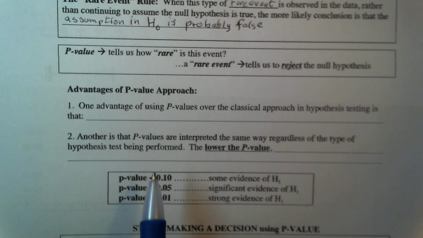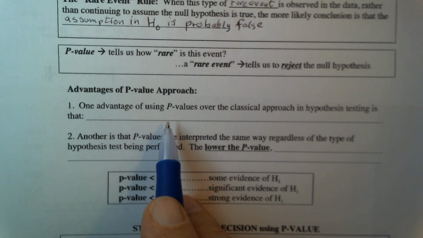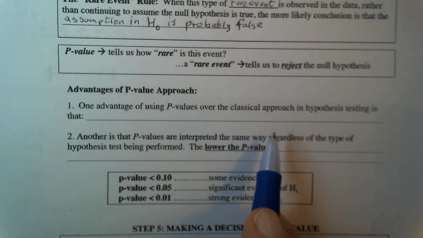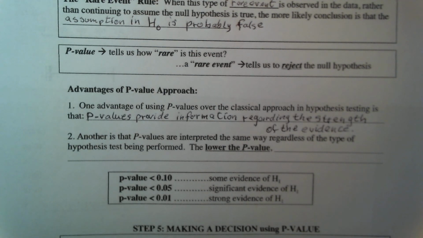There are two advantages of the p-value approach versus the classical approach. One advantage of using p-values over the classical approach, that means computing the test statistic, in hypothesis testing, is that p-values provide information regarding the strength of the evidence.